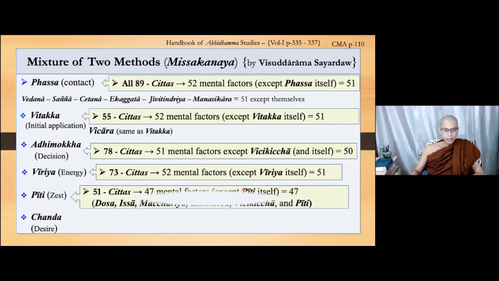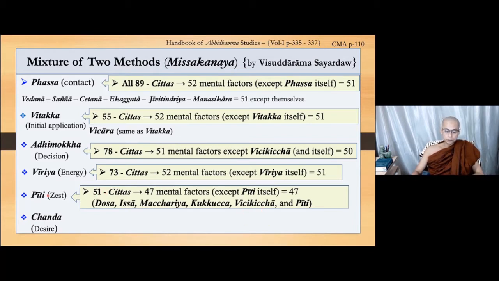Then Piti is with 51 consciousness and 47 mental factors, because Piti does not associate with the Dosa Mula Citta. That is why Dosa, Issa, Macchariya and Kukkucca cannot associate with the 51 consciousness. And also in these 51 consciousness there is no Vicikiccha Sahagata, because Vicikiccha Sahagata is Upekkha Sahagata.